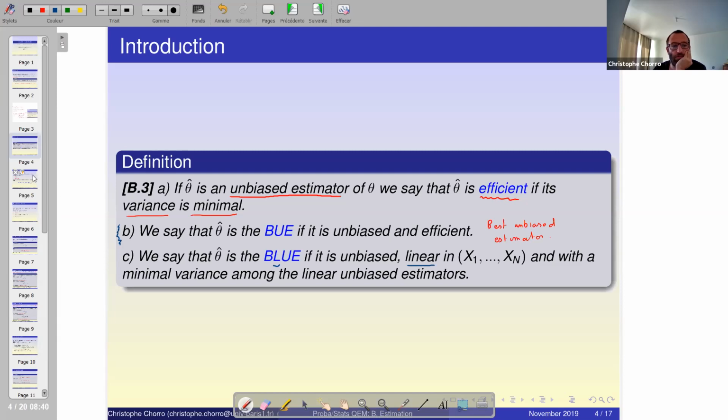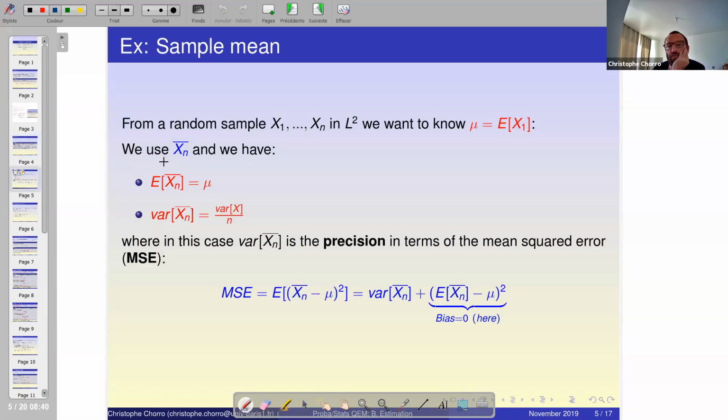So we have already worked on this kind of problem, in fact. In the previous session, we have seen the sample mean. And what was the sample mean? It was a way to approximate the expectation of a sample based on n observations. So here I have IID random variables in L2. I want to approximate the expectation, and we have introduced the sample mean here.